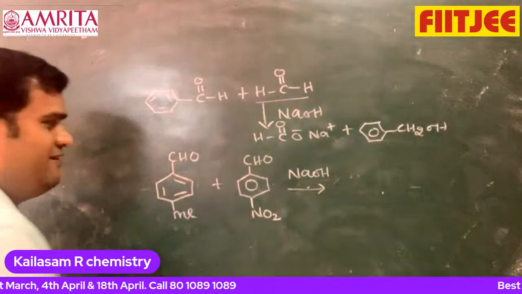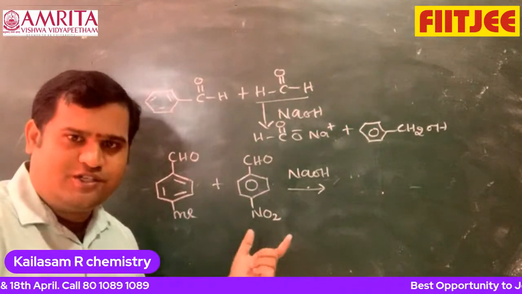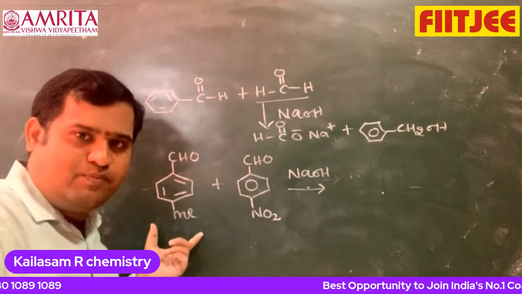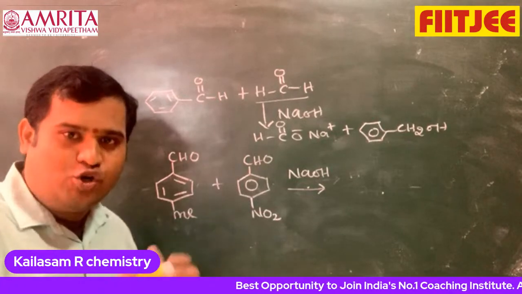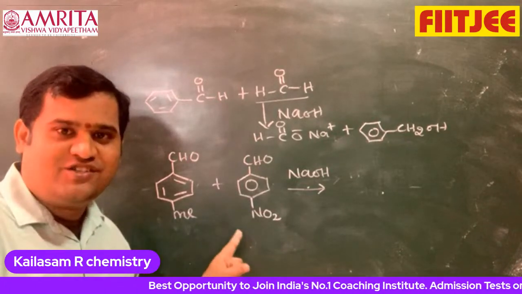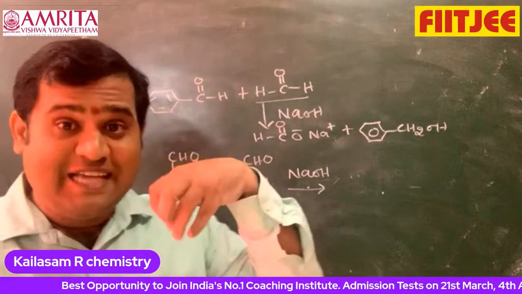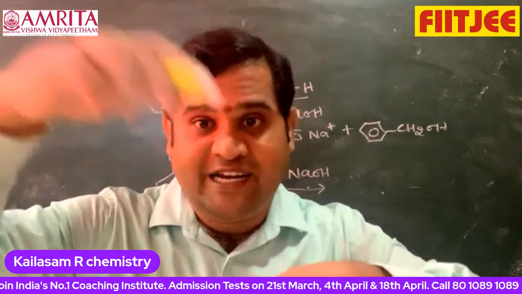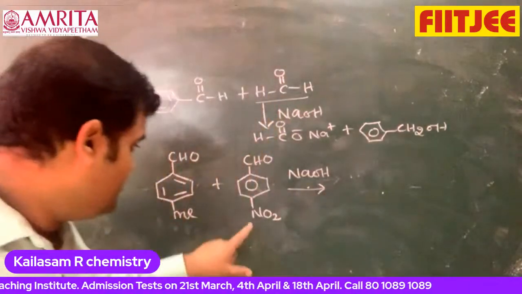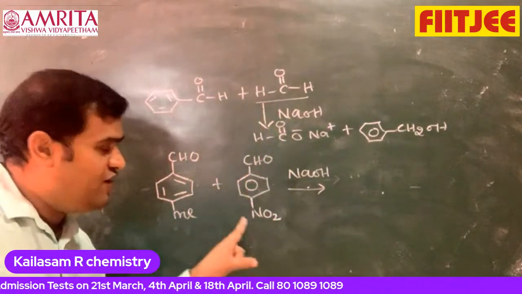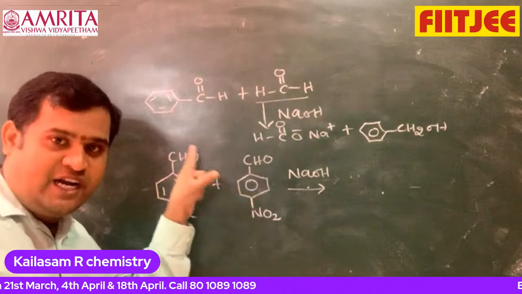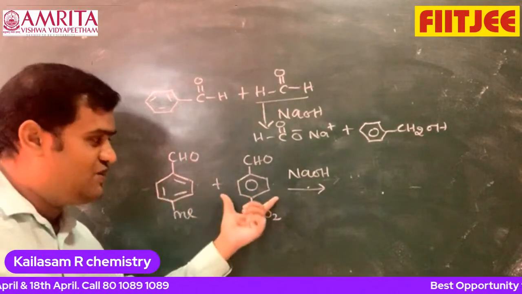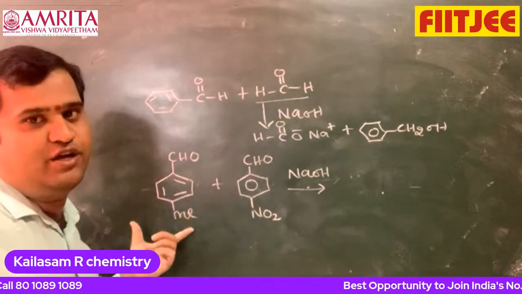This is very interesting. Now, I told you this is para-nitrobenzaldehyde and para-methyl benzaldehyde. Tell me which will undergo nucleophilic addition faster. This one, because the minus R group is present, hydride transfer takes place faster. This is NO2, therefore this undergoes nucleophilic addition faster. Therefore, this is going to transfer hydride from this molecule. So this is oxidized, this is reduced.